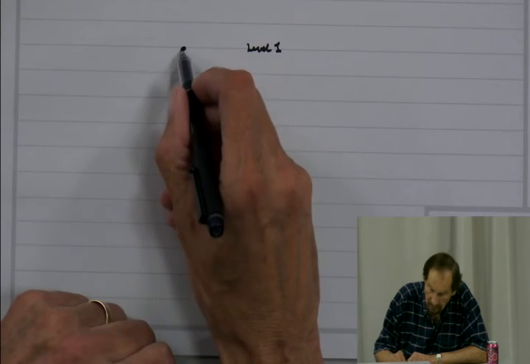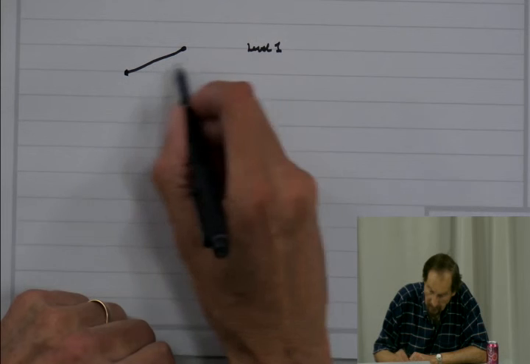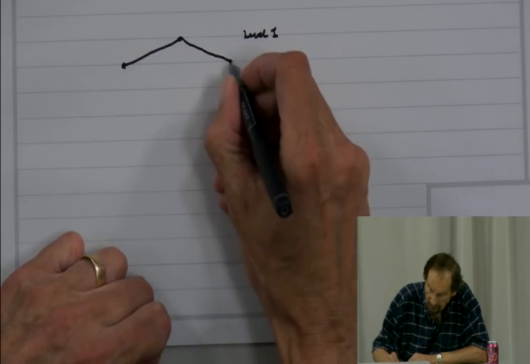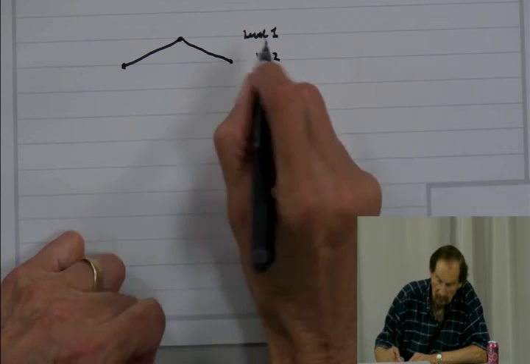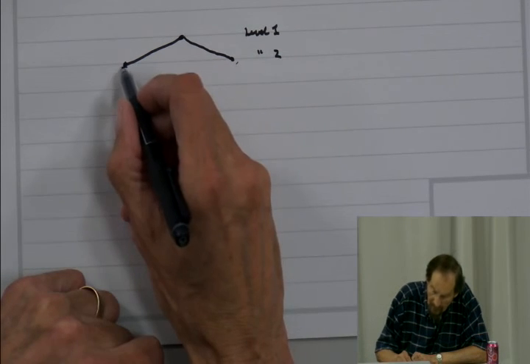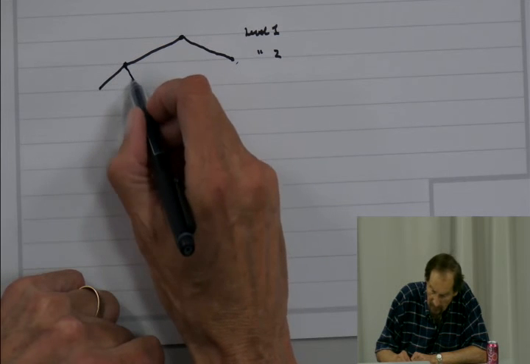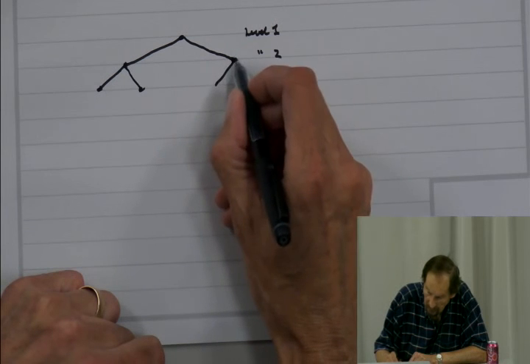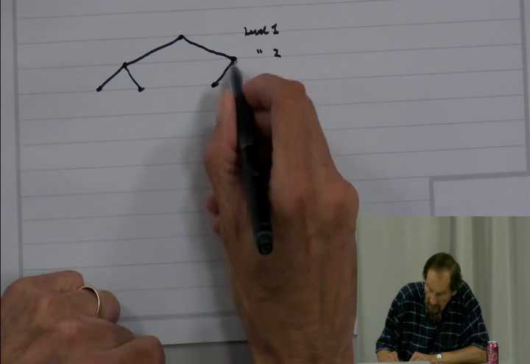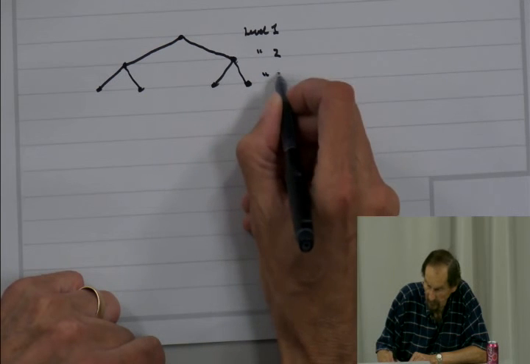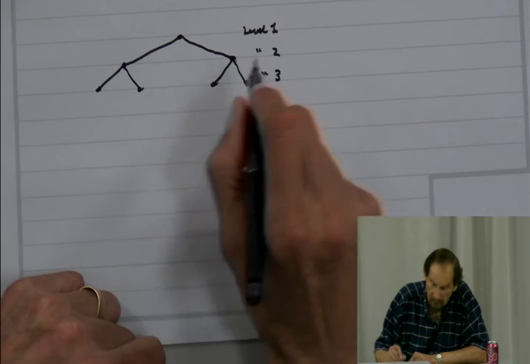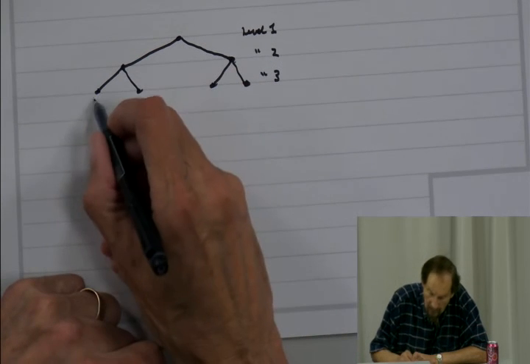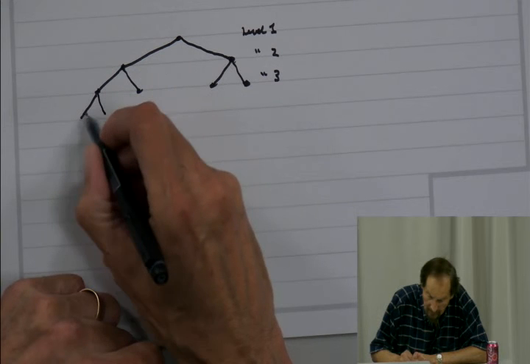Then we go out to 2 nodes at level 2, and then from each of these, we go to 2 more nodes at level 3. And then, in fact, we go to 2 more nodes from each of these at level 4.